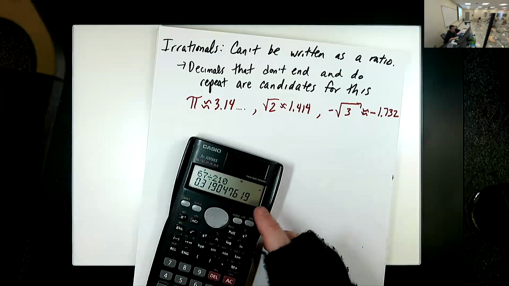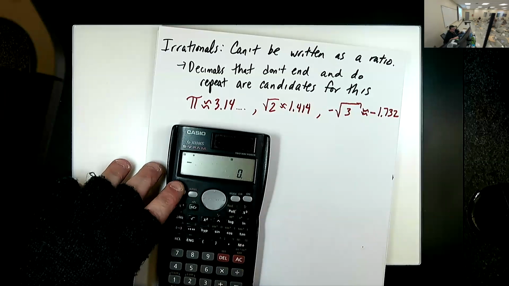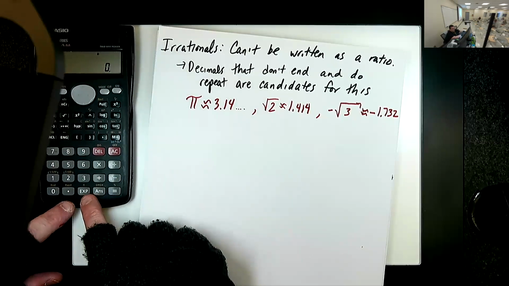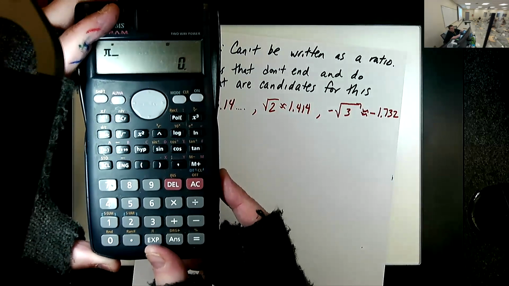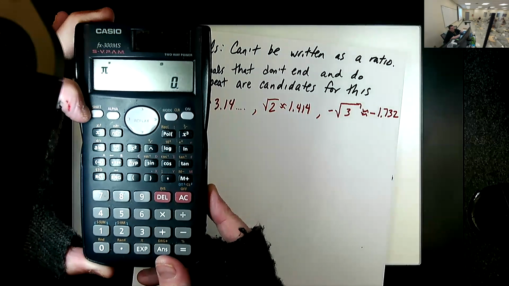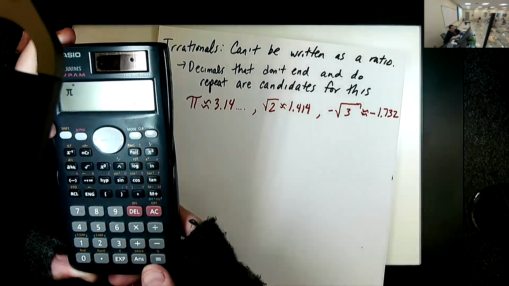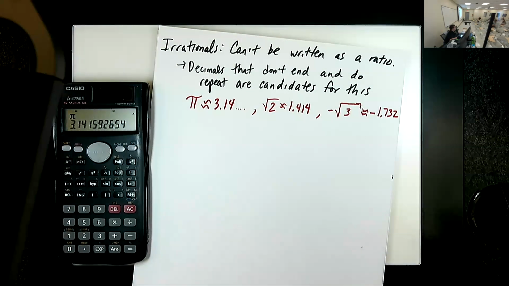If I'm doing it in a calculator, everyone's calculator gets pi a different way. Mine is shift with the pi key down here. Right above the key that says EXP is a symbol of pi. I hit the shift key and then the EXP key, and I get this pi symbol. If I hit equals, it tells me the value, so I just rounded to 3.14. That's the common rounding for pi.